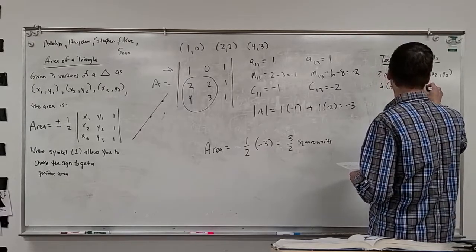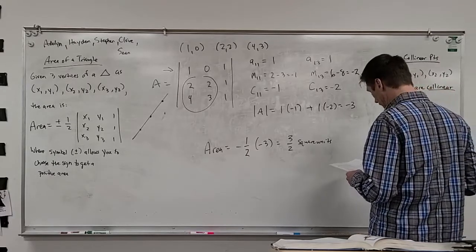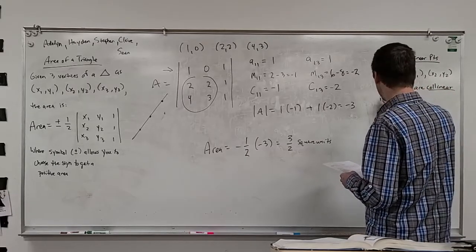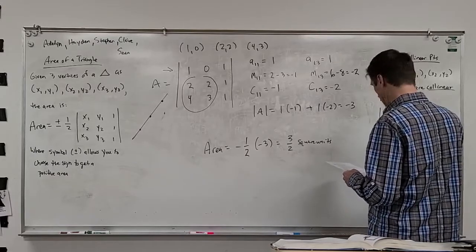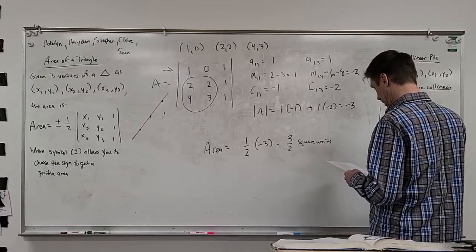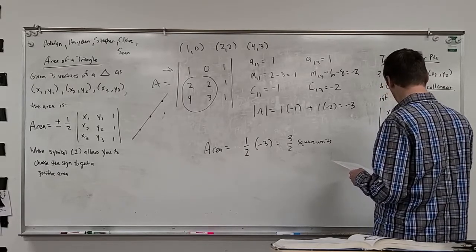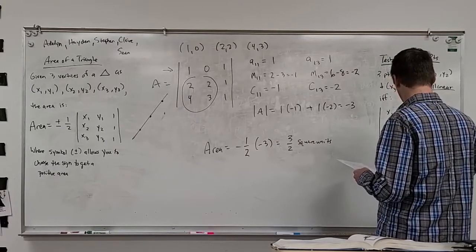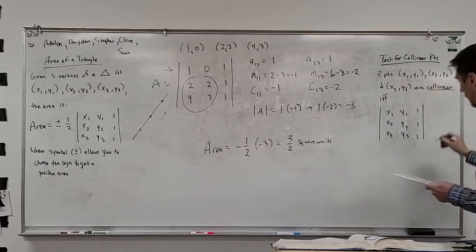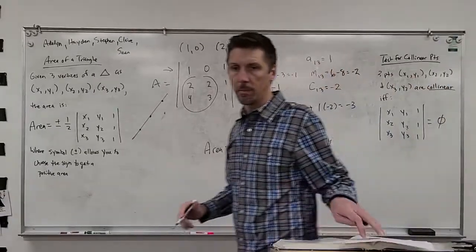These points are collinear, in other words, they are on the same line, if and only if we build the same matrix that we did before, take the determinant of that matrix, and it equals 0.